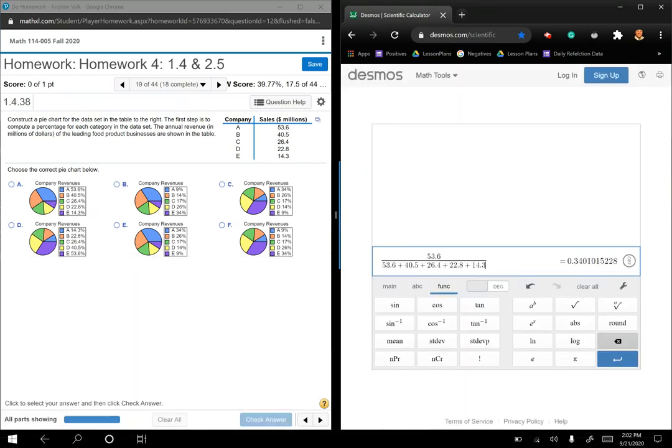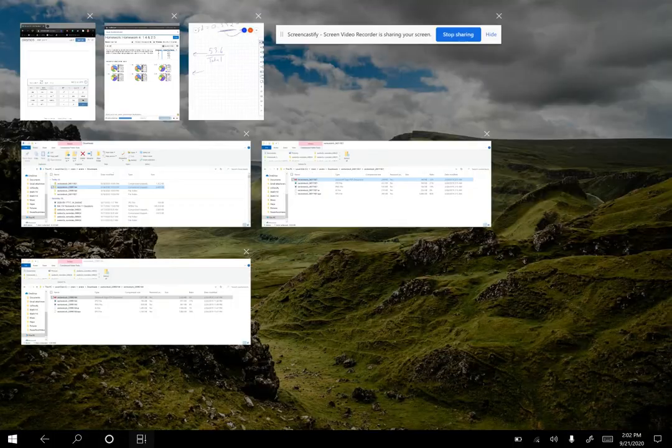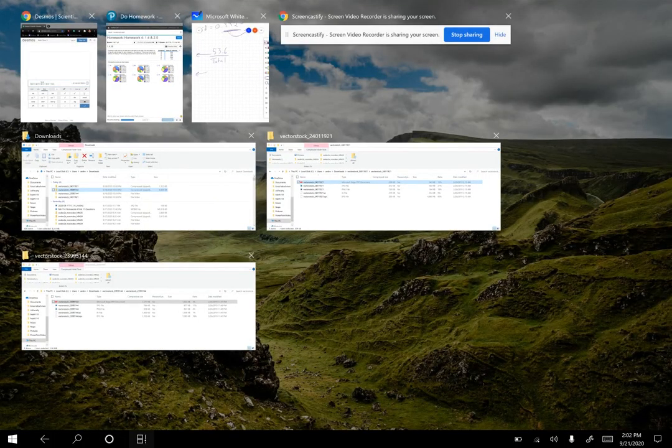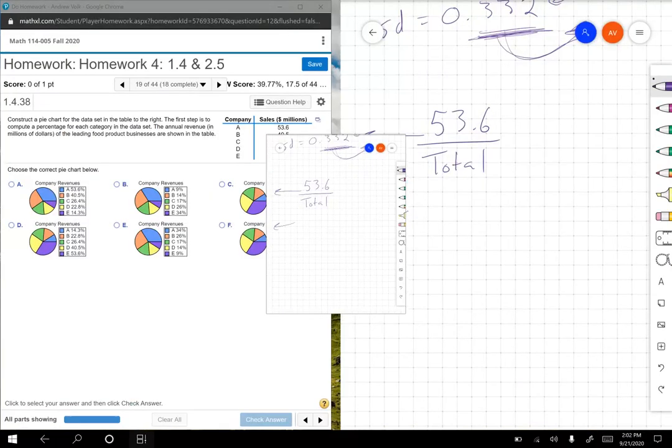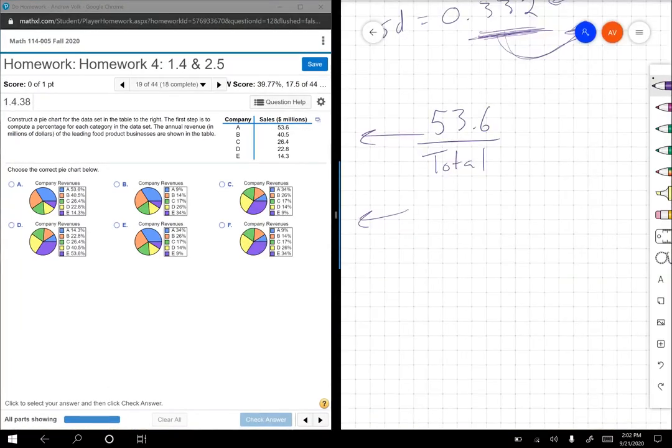So looking at my choices, there's actually 2 of them that say A is 34%. But, just switching over to my scratch paper here, only 2 of them say A is 34%. C and E both say that in the key. But when I look at the size of the blue, because A says it's supposed to be blue.